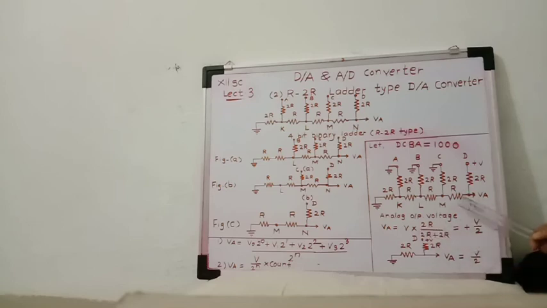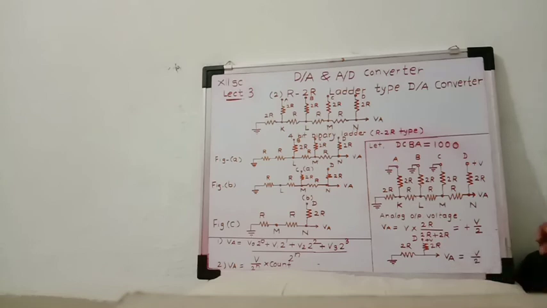So twice R divided by total resistance, twice R plus twice R, into applied voltage V. Twice R upon 4R means 1/2 into V, that is plus V by 2. So VA is equal to plus V by 2.